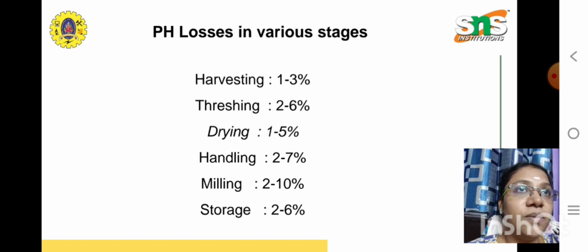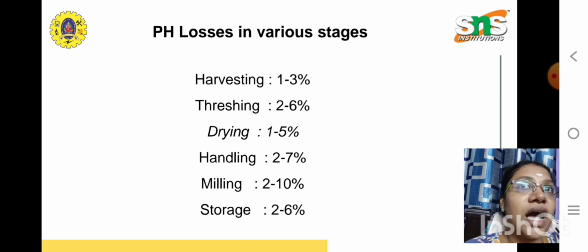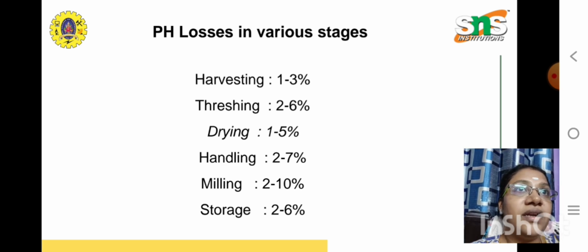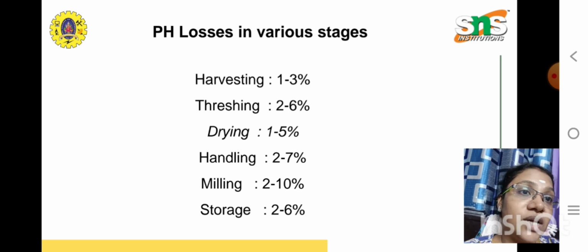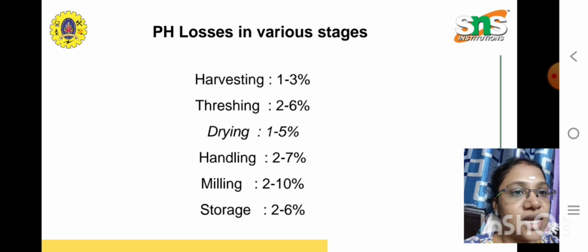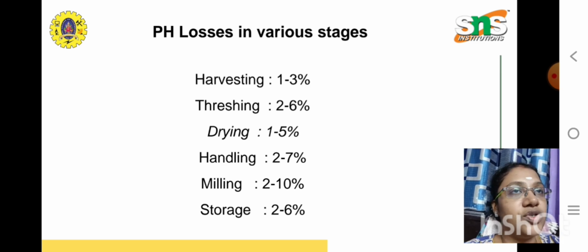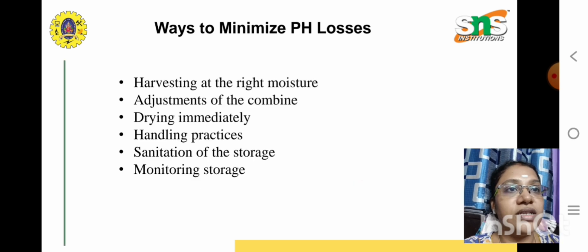Then milling, so milling is nothing but making the particular agriculture commodity into different forms, giving a value added product through the process of milling. There, a greater percentage of loss occurs, 2 to 10 percentage. At last, if proper storage is not maintained, around 2 to 6 percentage of loss occurs.